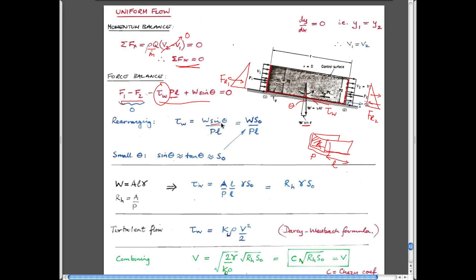We note that for very small angles of inclination theta, sine theta is basically equal to the slope of this base. So S0 is just equal to the slope. I will draw it on here. Think of this as the length along here, or the length in the horizontal plane.